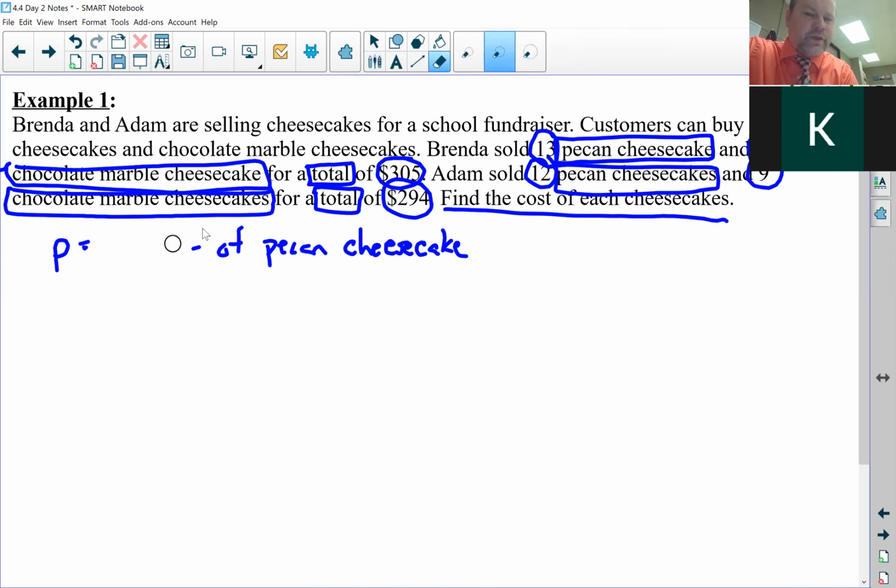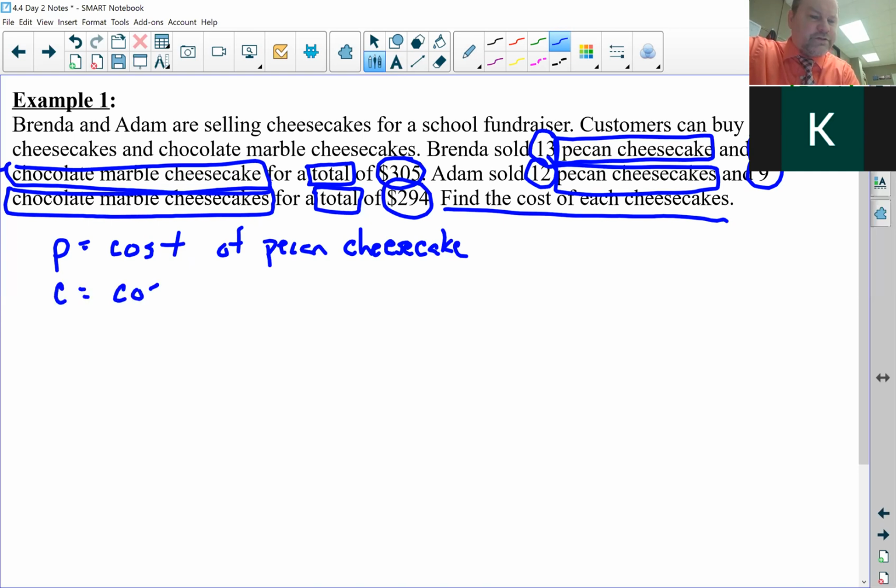Not number. Cost. And C for the cost of the chocolate marble cheesecake.